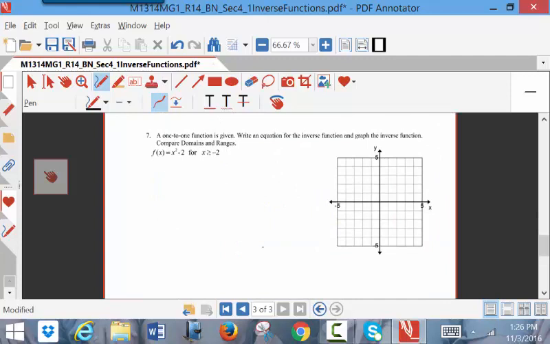Okay, here's another x squared function. We don't have a graph, and hopefully you're in pencil because I'm going to erase a little bit. We know y equaling x squared is the little U-shaped thing, and x squared minus 2 is down 2 units. So we know that this graph looks something like this.